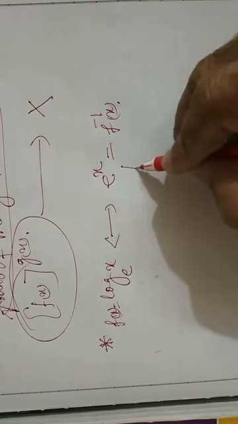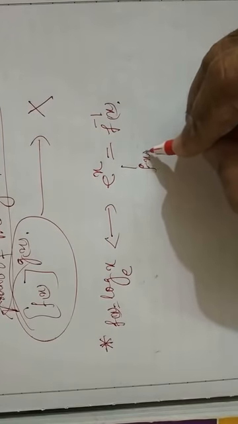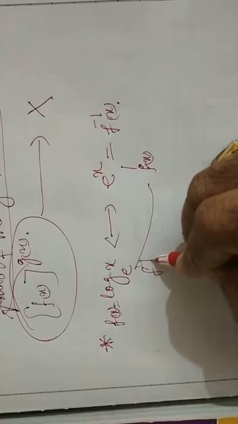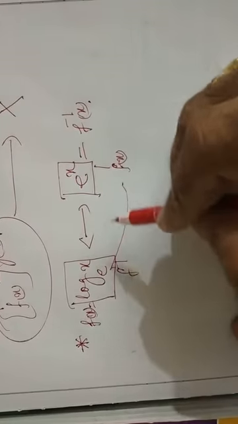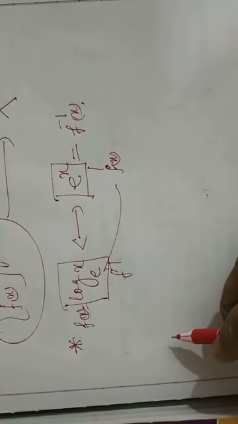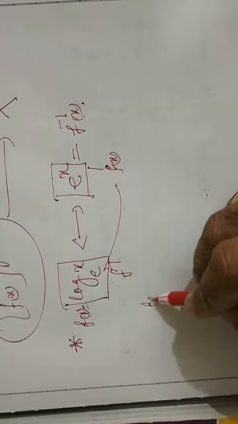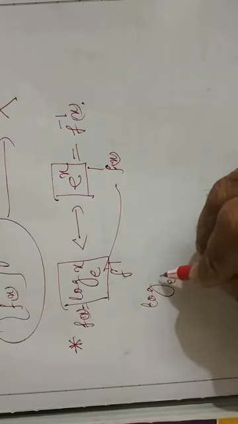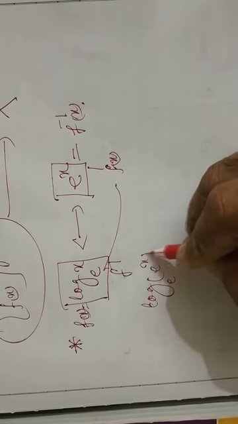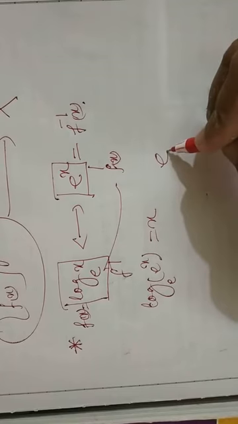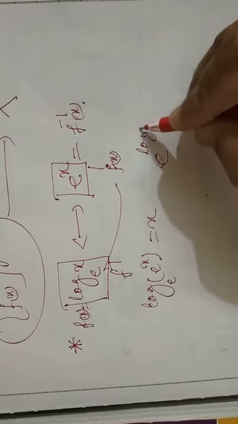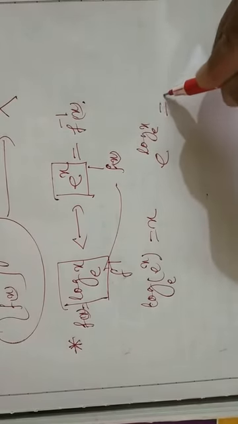And if I take this as f(x), then this is its inverse. So logarithmic function and exponential function are inverse of each other. Therefore, log x base e of e to the power x is x in the domain, and e to the power log x base e is also x.